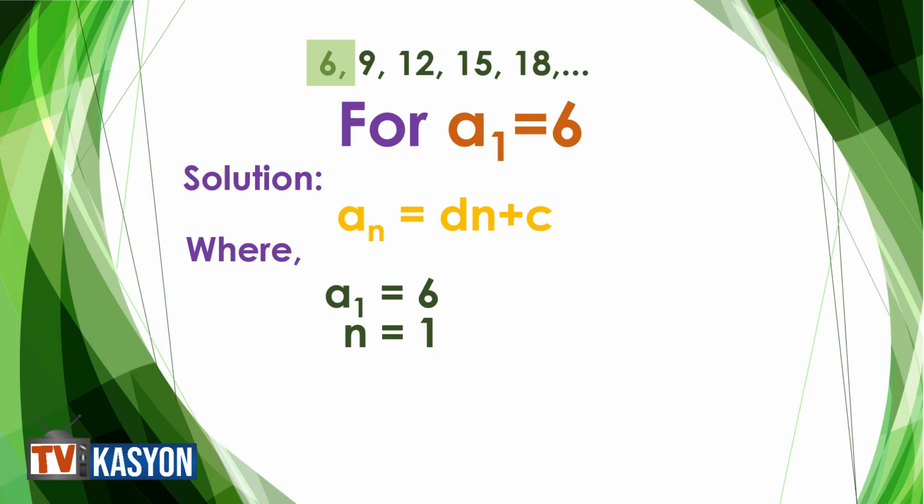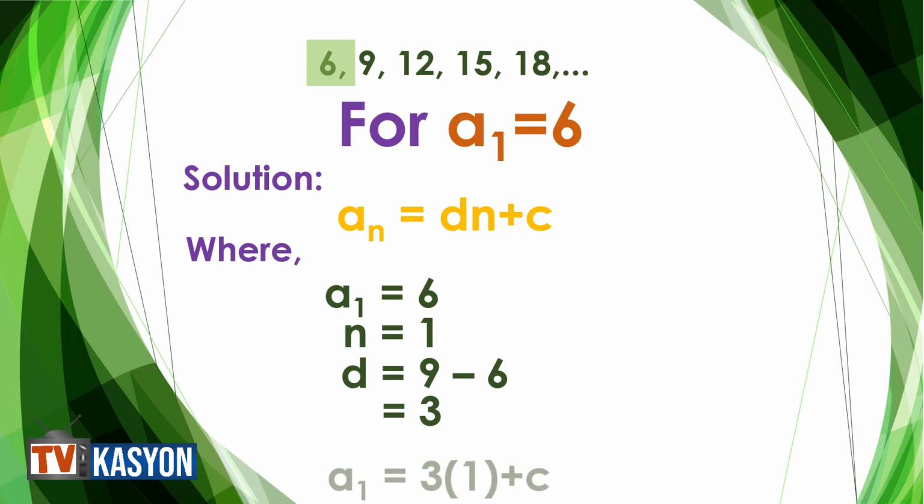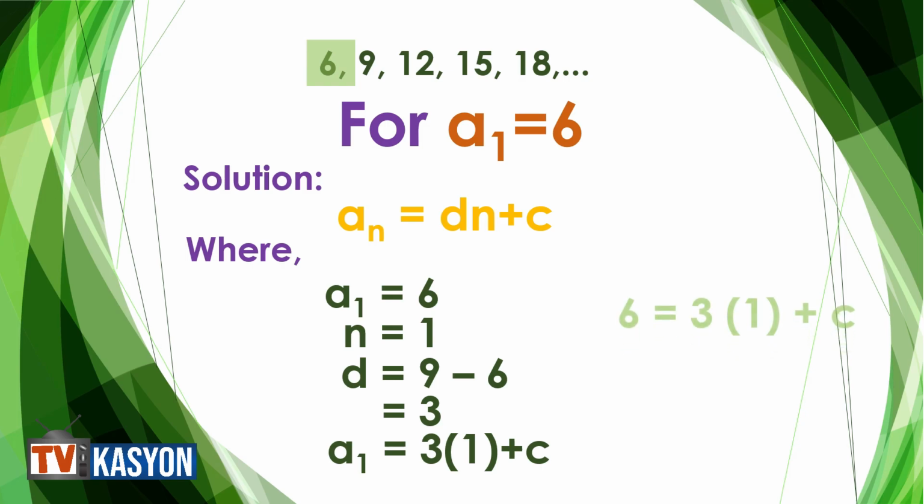Given that we have an arithmetic sequence, we can get the value of the common difference using any 2 consecutive terms. Subtracting the first term from the second term, we write d equals 9 minus 6 equals 3. Substitute 3 to d, we get a sub 1 equals 3 times 1 plus c.